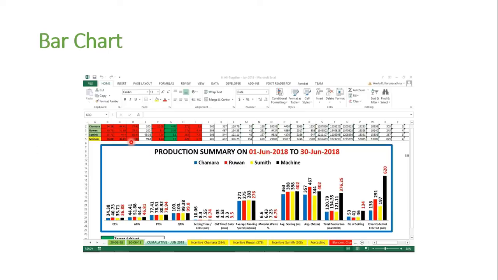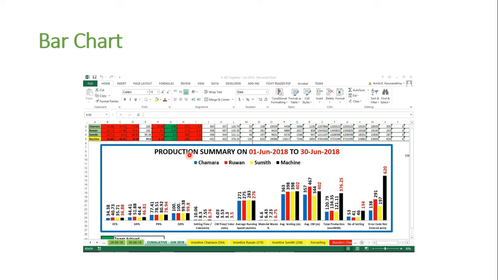And the charts. When you consider charts in Excel, bar charts, line charts, and pie charts, these three charts were clearly explained, how to make them and add options into these charts. As an example, bar chart. This is one of the bar charts that I have explained in this lecture for you to easily understand.